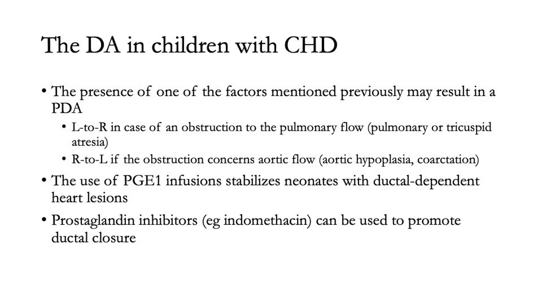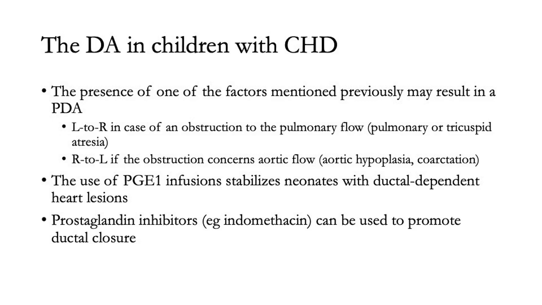It may be left to right in case of an obstruction to the pulmonary flow, such as in pulmonary or tricuspid atresia, or right to left if the obstruction concerns aortic flow, such as in aortic hypoplasia or coarctation. Because functional closure is a reversible event, the use of prostaglandin infusions stabilizes neonates with ductal-dependent heart lesions.